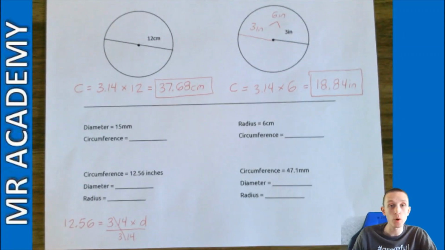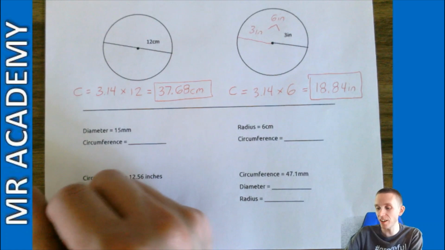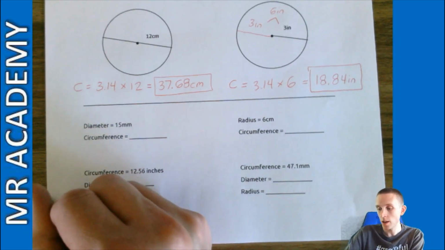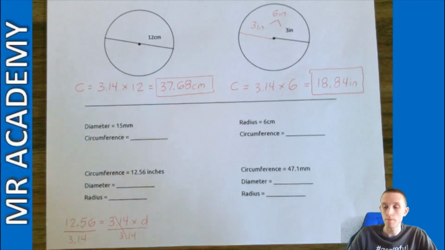3.14 divided by 3.14 is 1. That's going to mean I don't have any other number over here now. I'm just left with 1 times D, or 1 times my diameter. But that tells me I also have to do that over here. What I do to one side of an equation, I have to do to the other.